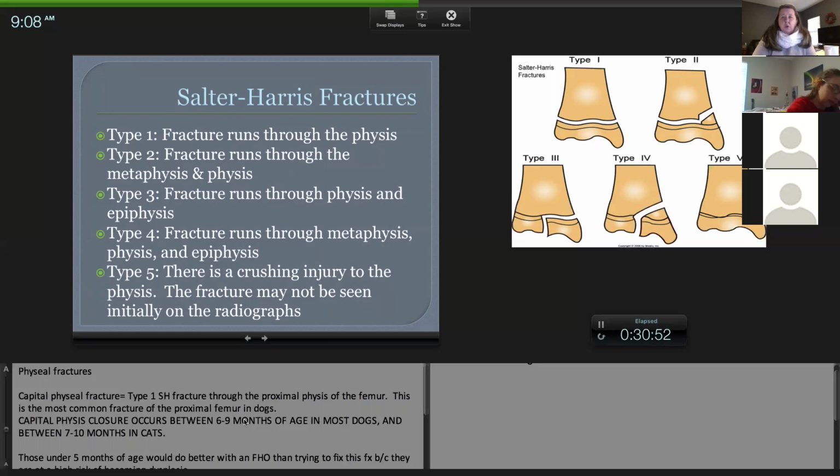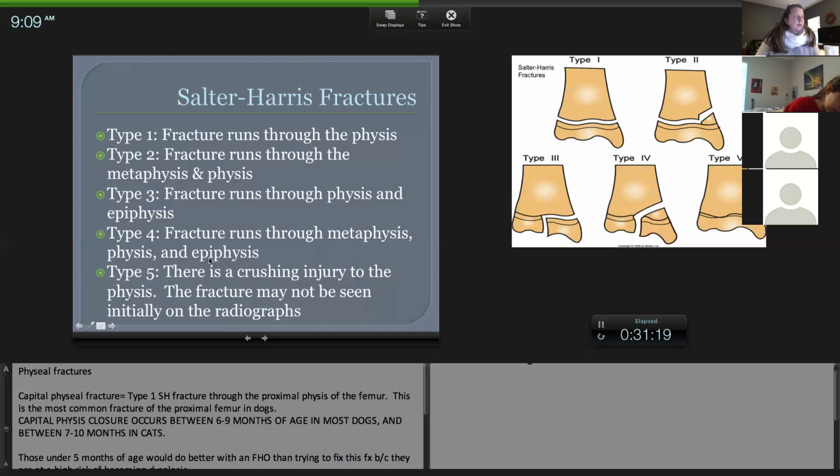I just want you to know Salter-Harris is a growth plate fracture. There's 5 types, and they're named for where they go through. A type 1 is through the physis. A type 2 is gonna go through the physis and the metaphysis.